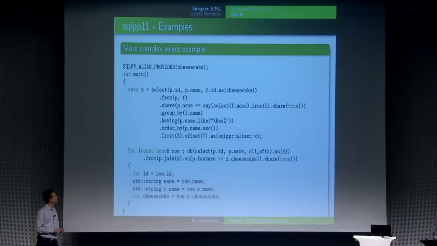Okay. Right. And then when we take a look at the row, now the row has an ID, a name, and then it contains an element called X. That's this group here, and the group then has name and cheesecake.